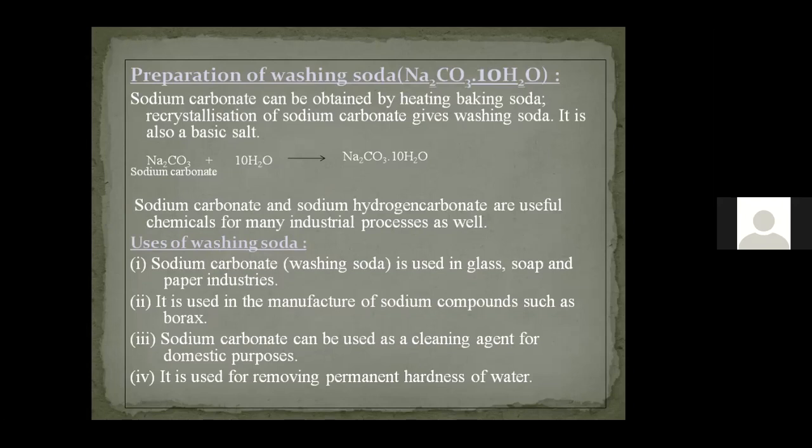The calcium salt and magnesium salt will be there in hard water. Water containing fewer dissolved minerals is soft water. Why do we have to remove the hardness of the water?